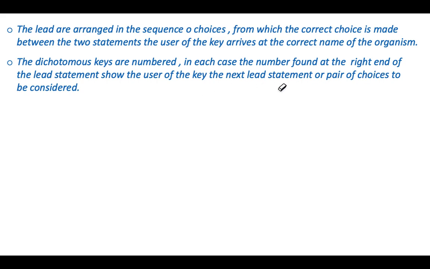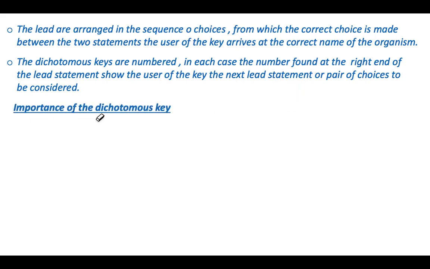Those are choices that have to be considered. The examiner can ask you: what does each number found at the right end mean? Those are a pair of choices, or what to read next in the statement. So we have to know that. I will show you from the questions.